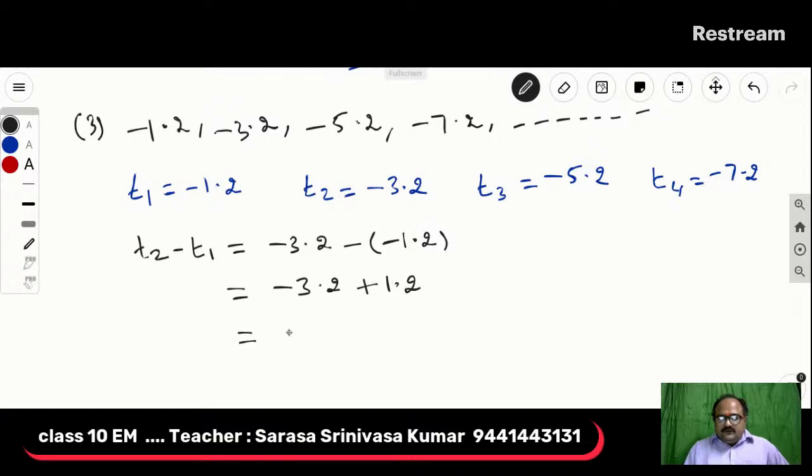So this is minus 2. Here we can do this calculation. 3.2, 1.2. So the difference is 2.0. Since the minus is there, we write minus 2.0.